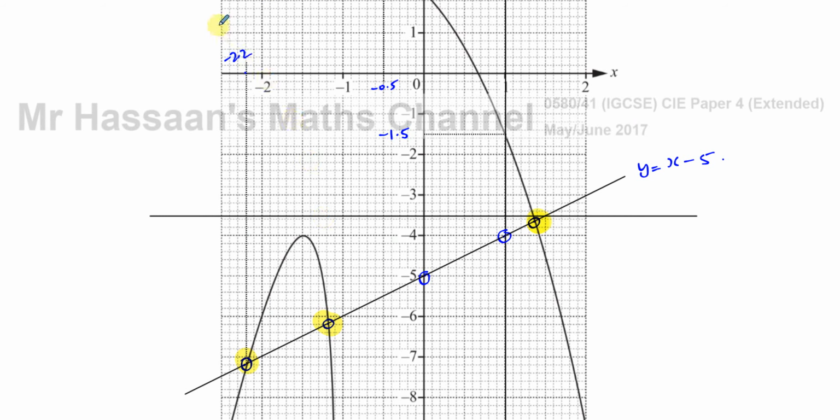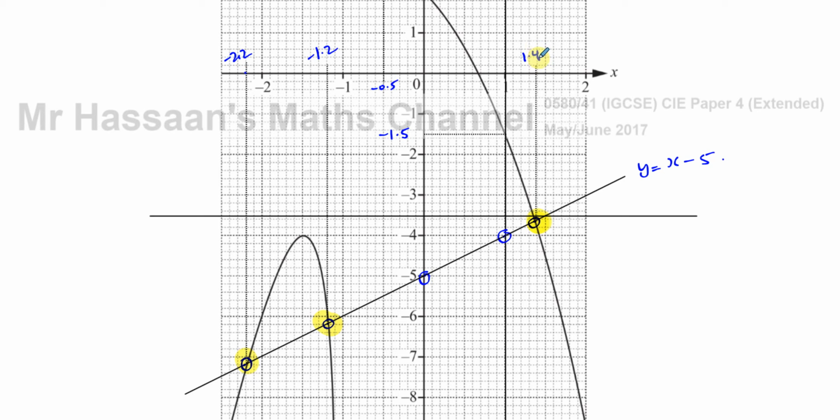The other solution is in this point over here. So let's do the same thing. That's going to be -1.2. Then we've got this third point over here where they intersect, and that is 1.4.